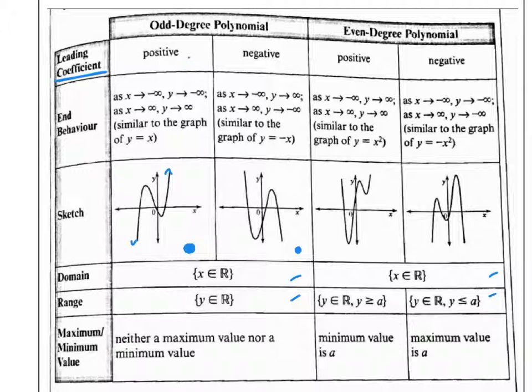The big difference here is when we get into our even degree polynomials, because x can be anything, but in these cases, we usually have a maximum or a minimum. And so we have to be careful that when it's positive, it has that minimum, and it always is above that minimum for the y value. And for the negative, it's always below that maximum value. So be careful with those ones.